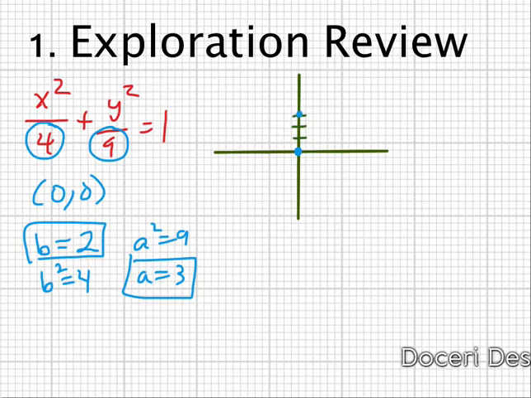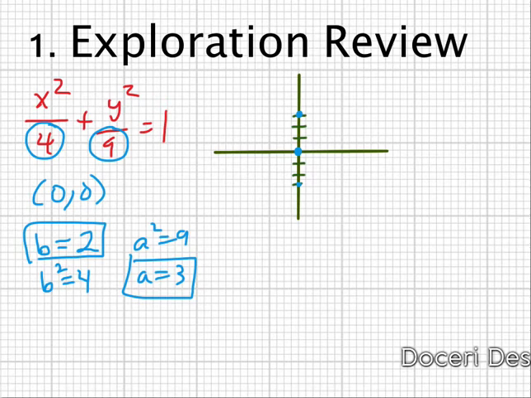There's one of my vertices. Now, because it's 3, I'm going to go up and down, so I go down 1, 2, 3, and I put a point there as well. So that's my 2 vertices for this ellipse.